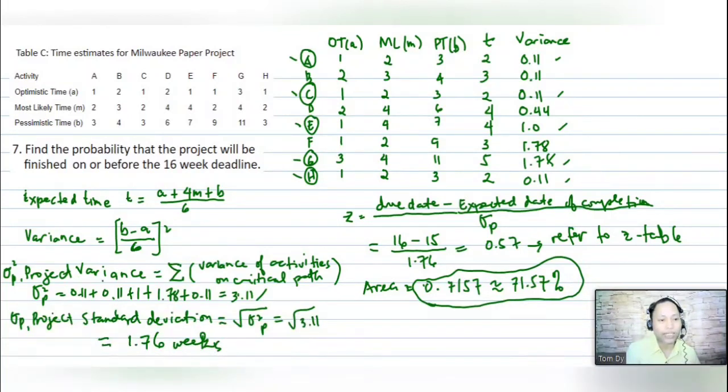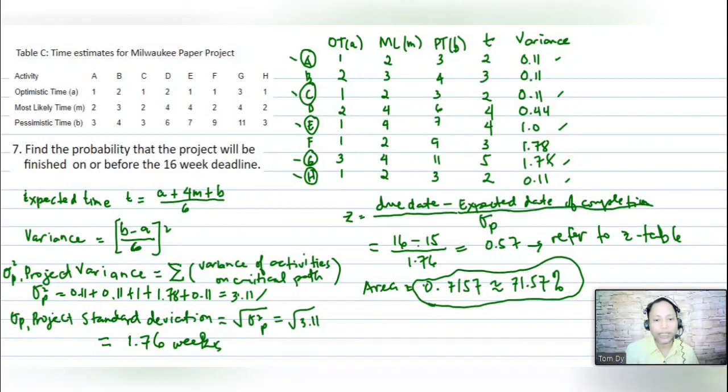Then we compute the standard deviation of our project by taking the square root of 3.11, which gives 1.76 weeks. After this, we compute our Z: the due date minus the expected date of completion, over the project standard deviation of 1.76.